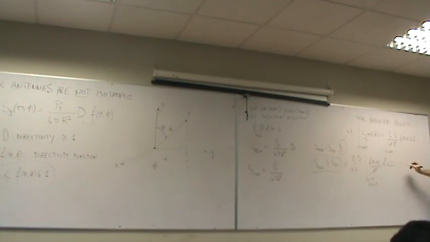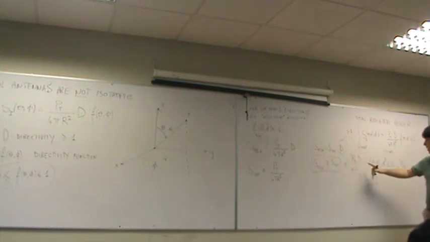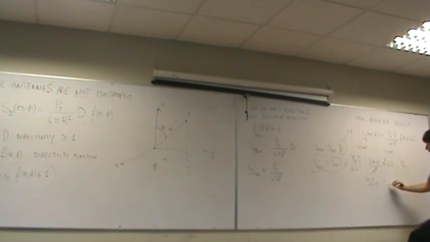And this, the total radiated power, must be the transmitted power, since we are not losing power. By comparing this equation, you find that the directivity is perfectly related to the directivity function through this equation.